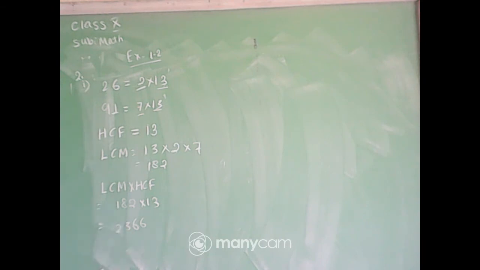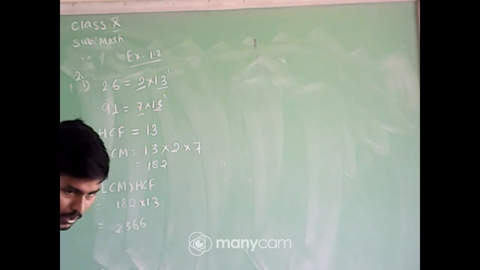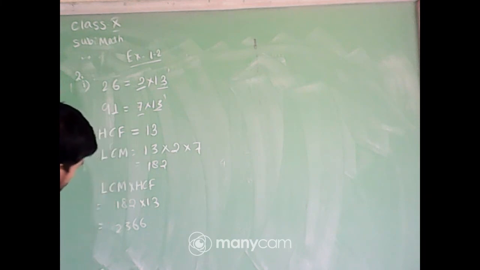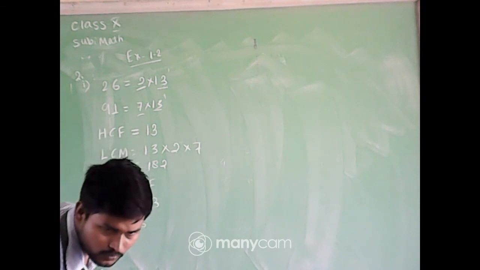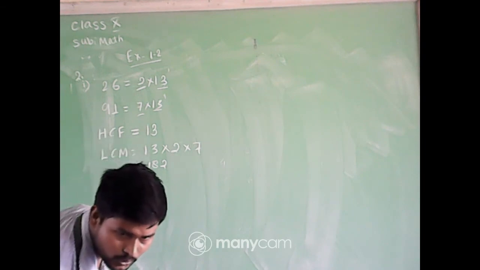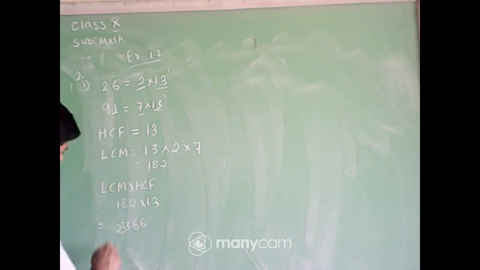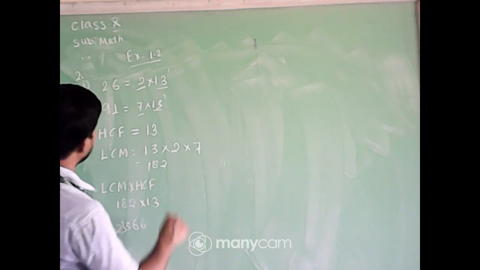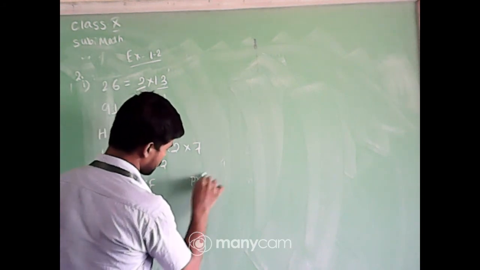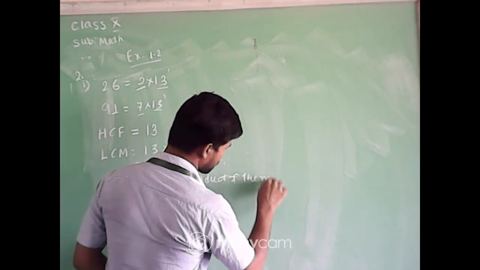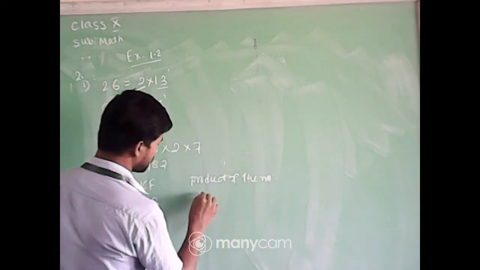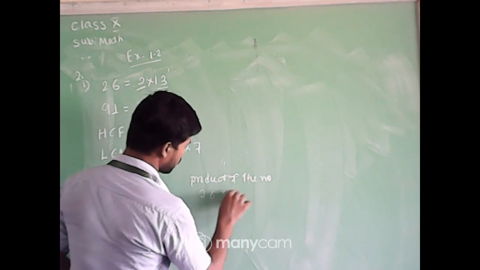The result is 2366. And now find the product of the numbers, which means 26 into 91.